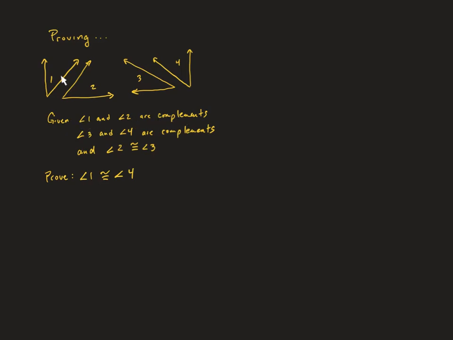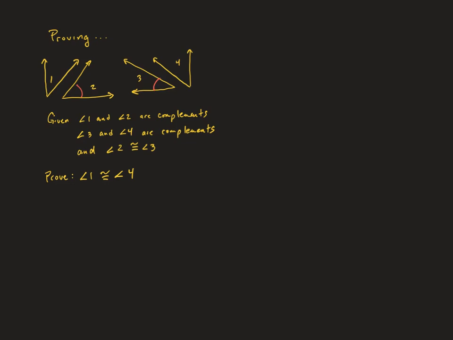Okay, so it looks like angle 1 plus angle 2 is going to be 90 degrees. Angle 3 and angle 4 are complements. And then angle 2 and angle 3 are congruent, so that tells me that this angle is congruent to this angle. And then it says prove that angle 1 is congruent to angle 4.